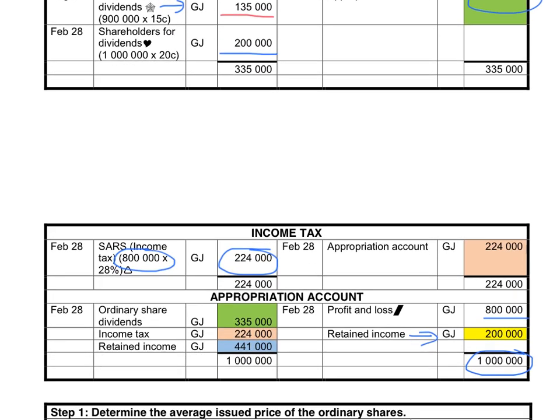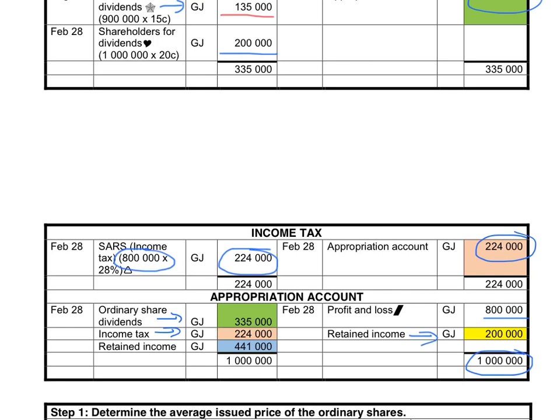I will credit the income tax with 224,000 to close off those two expense accounts so that we don't have any expenses with opening balances, and I will debit the appropriation account with the ordinary share dividends and the income tax.